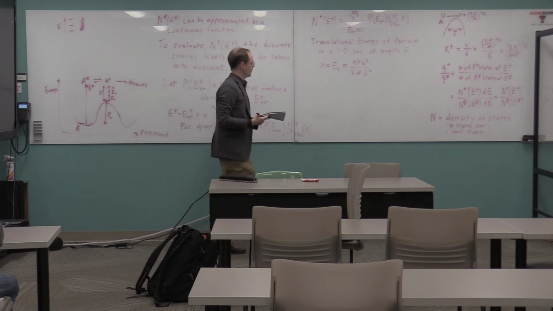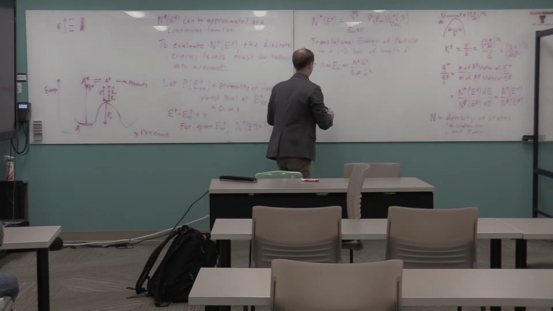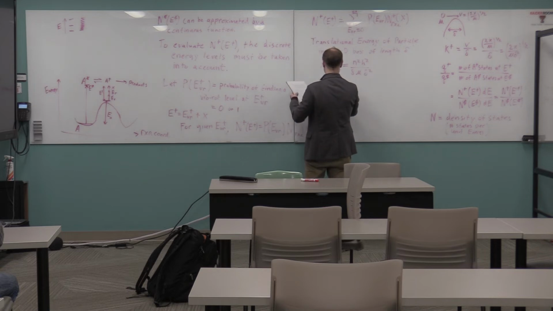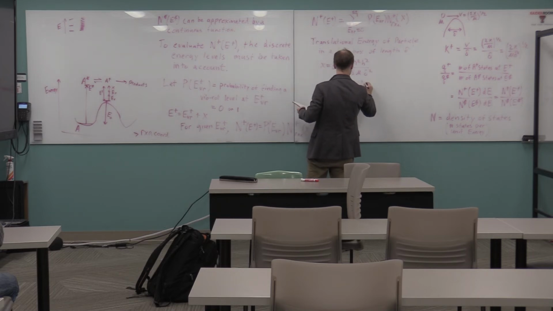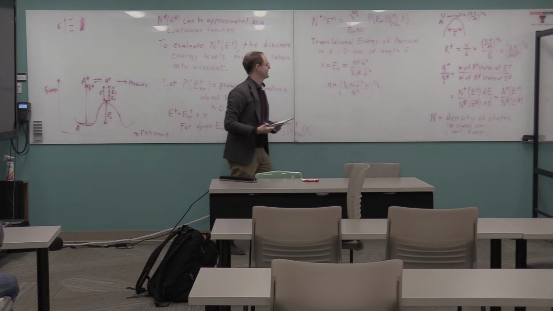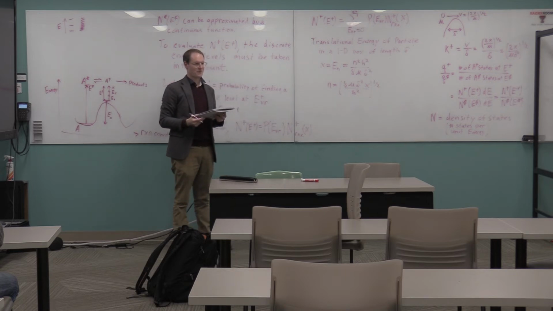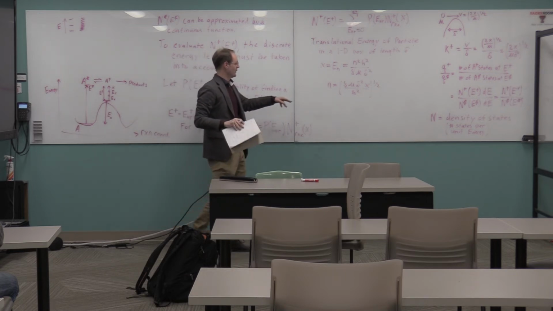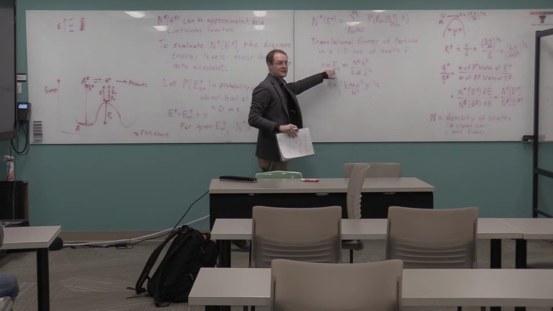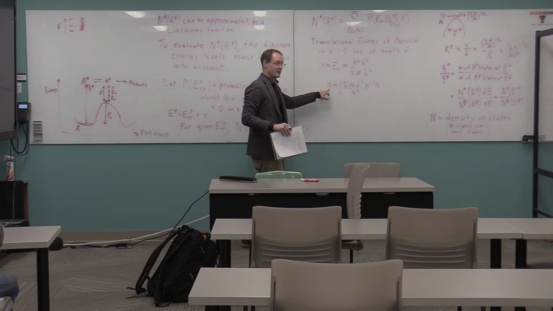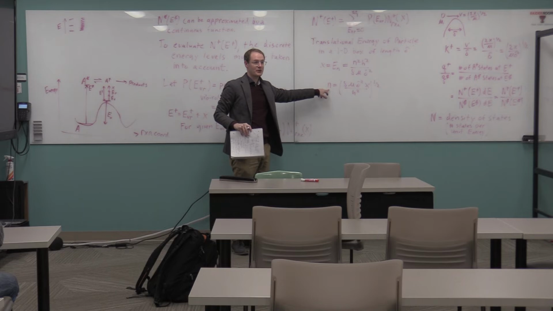Okay, and so if you solve this for n, n is going to be 8 mu delta squared x over h squared, and the whole thing, you need to take the square root. Right, and so if you're at the energy corresponding to the nth one-dimensional particle in a box state, the particle in a box states are all singly degenerate, right?